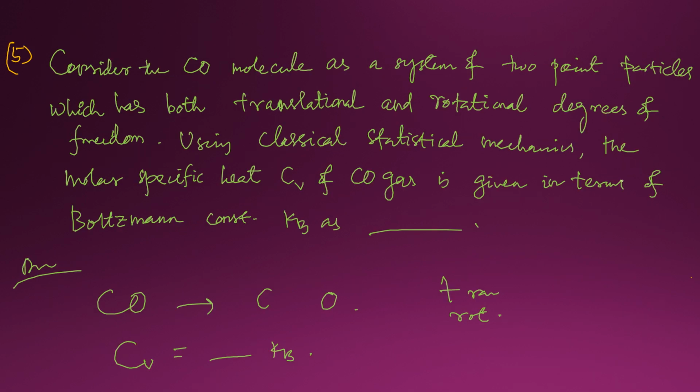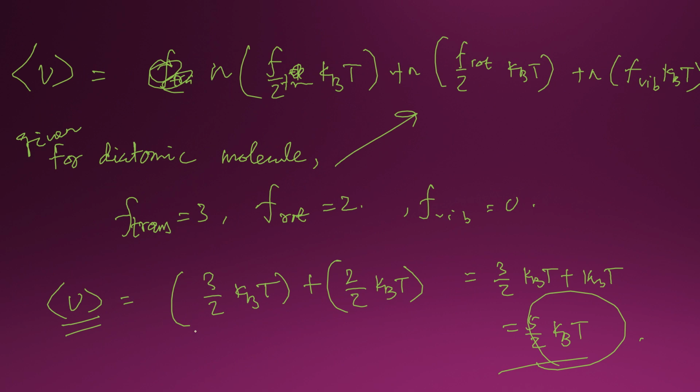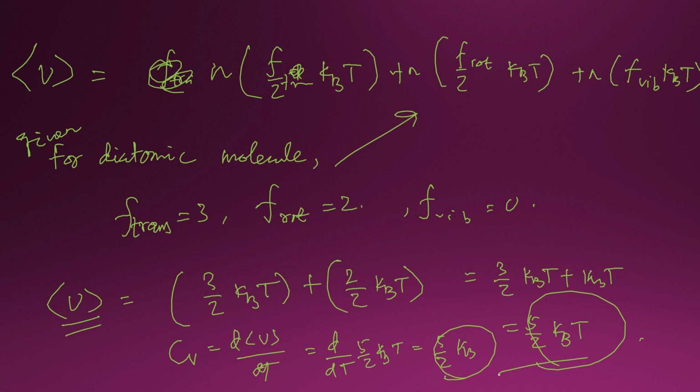What is asked? The molar specific heat CV. CV is dU by dT. If you take the derivative with respect to temperature, d by dT of 5 by 2 kBT, that is 5 by 2 kB. This will be the answer.